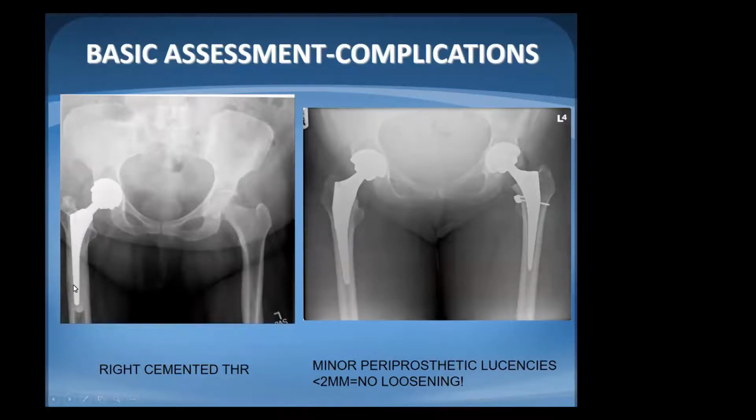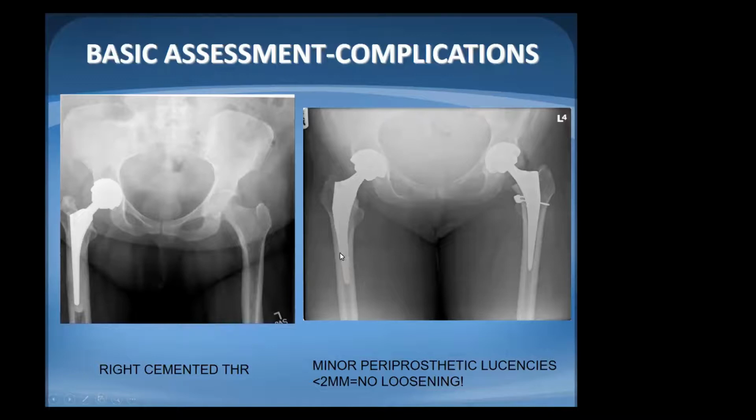If you look, this is a cemented total hip replacement, and this is an uncemented total hip replacement. If you look at the back of the greater trochanter here, you start seeing areas of osteolysis. This means that the prosthesis in time is going to get loosening once you see areas of osteolysis, and you can start seeing areas of osteolysis also here.